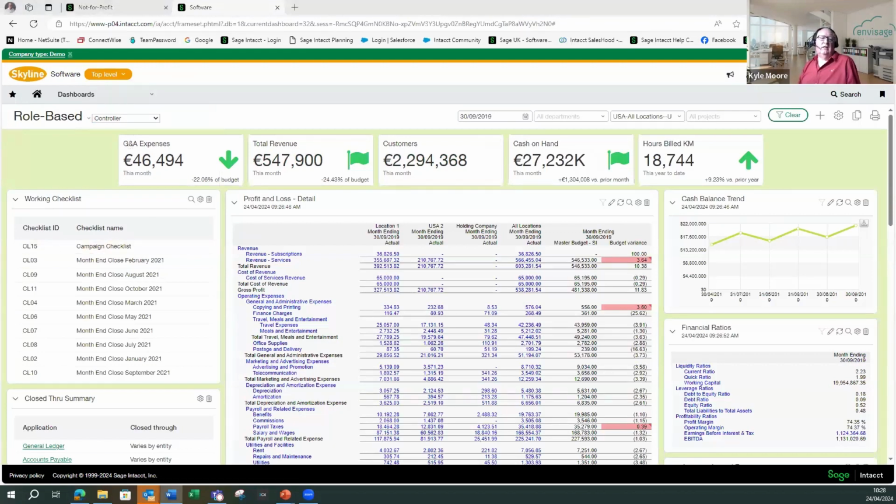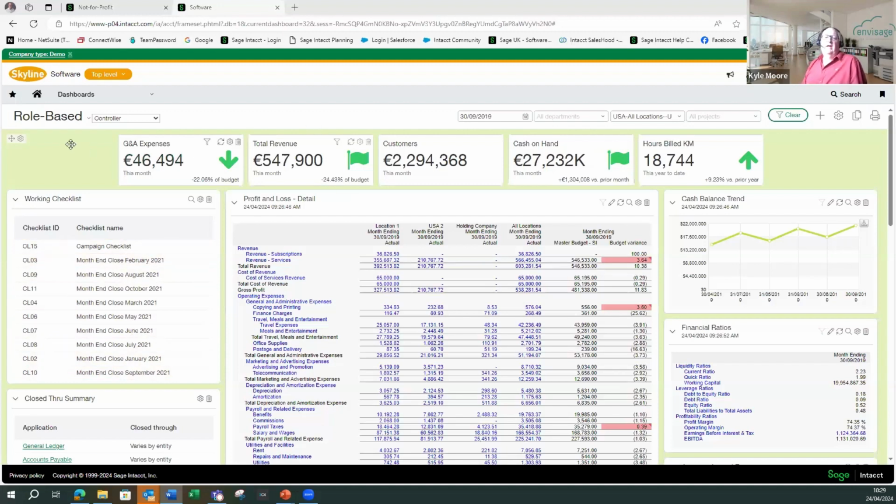So Sage Intacct in turn helps with the accuracy and speed of your month ends, looking at top level information that we can see. There are also things like company checklists that can help us fulfill our auditing purposes, and can tick off when it's been done, and also keep us following a particular schedule.